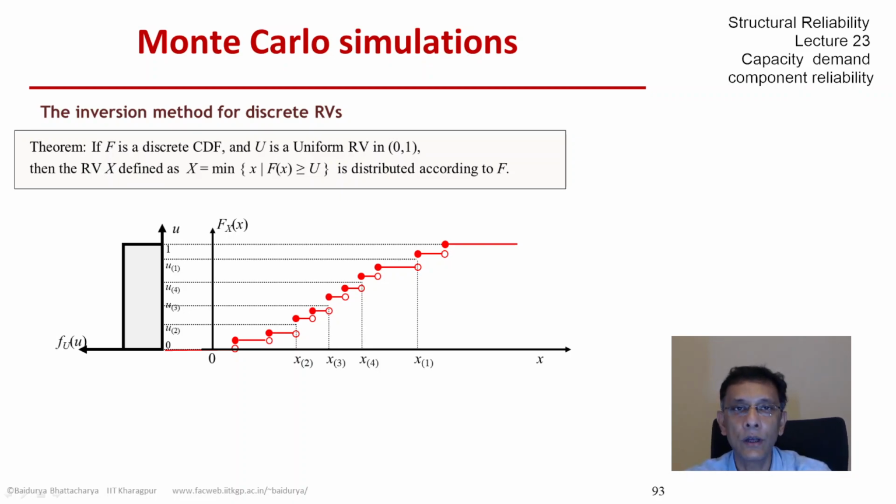All these steps are left continuous, so we make sure to get that particular value. You can see u1 gives us x1, u2 gives us x2, and so on, as we had in the continuous case, but here the comparisons have to be done carefully.